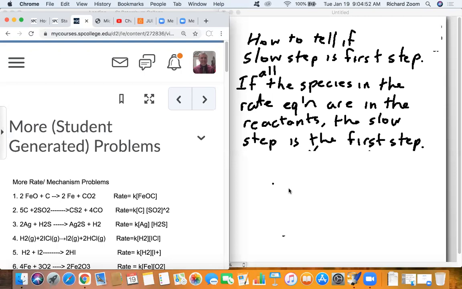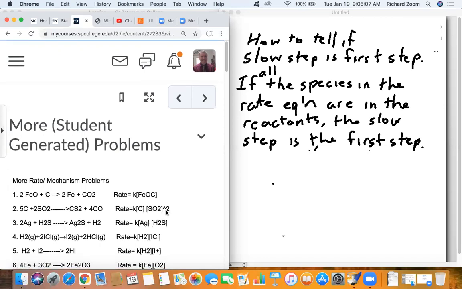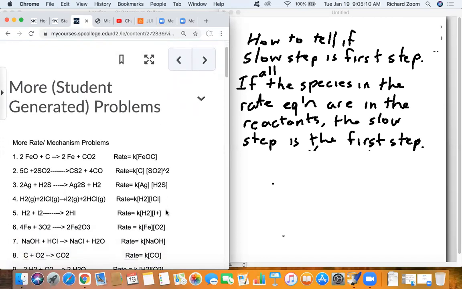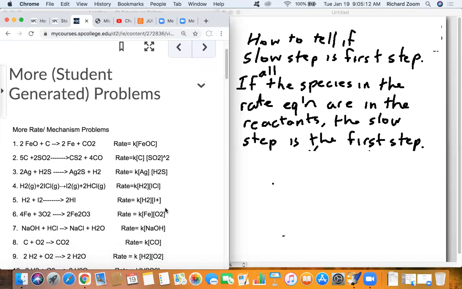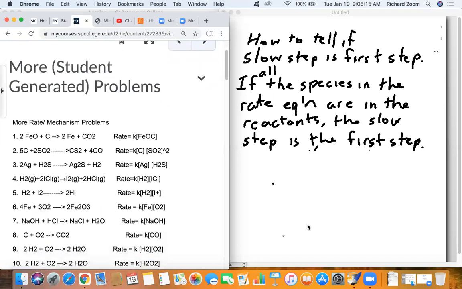So number two, the slow step is the first step because C is a reactant and there are two SO2s here. So yes, that one is the slow step is the first step. Question: you said it is a slow step because there are two SO2s, and the way it's written is okay for it to be that way.